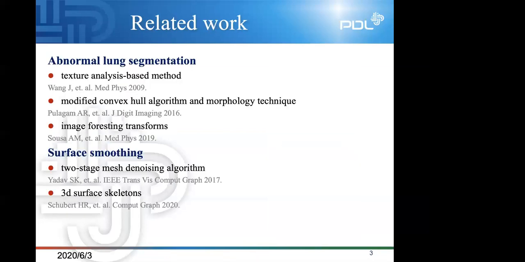Generally, for abnormal lung segmentation, some methods repair the poor segmentation by post-processing or enhance the high intensity anomalies. For surface smoothing, current methods usually remove the undesired noise in the surface to achieve a relatively smooth surface.